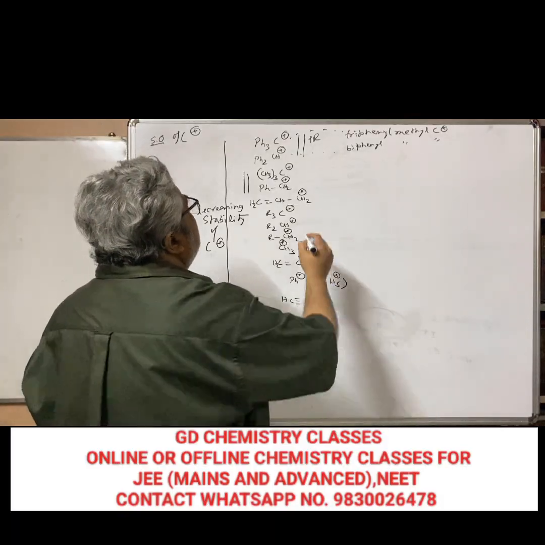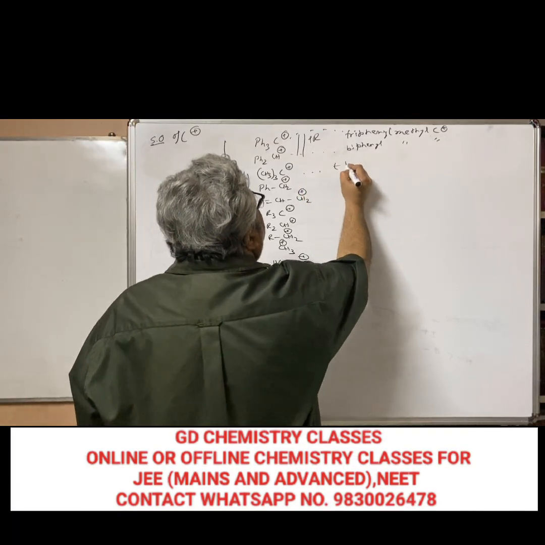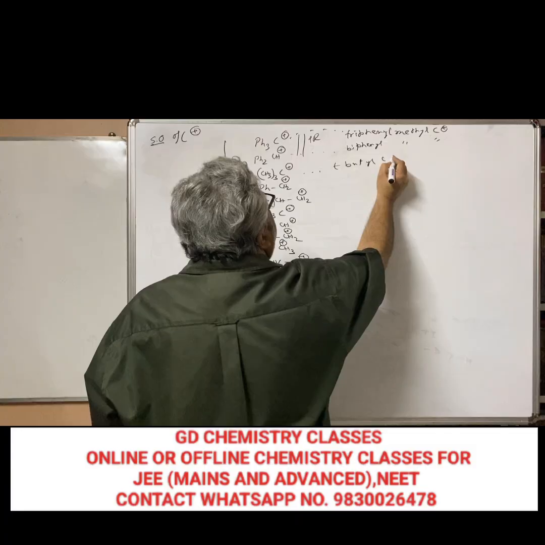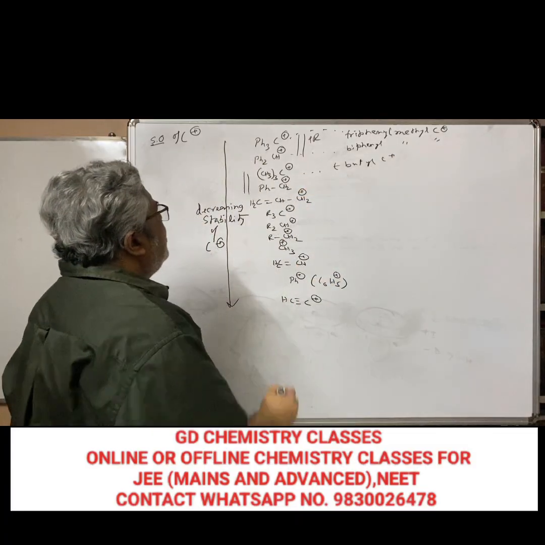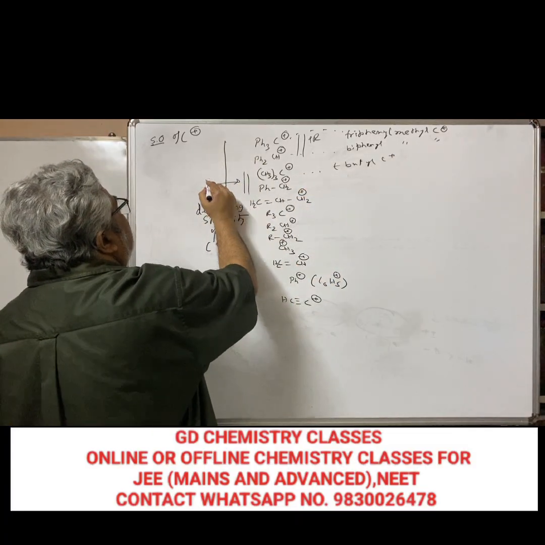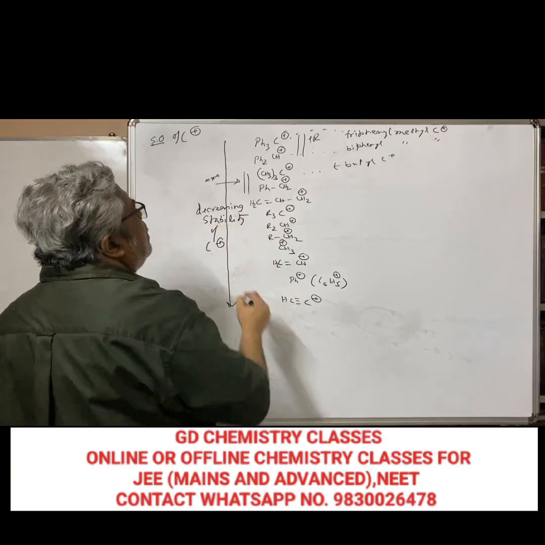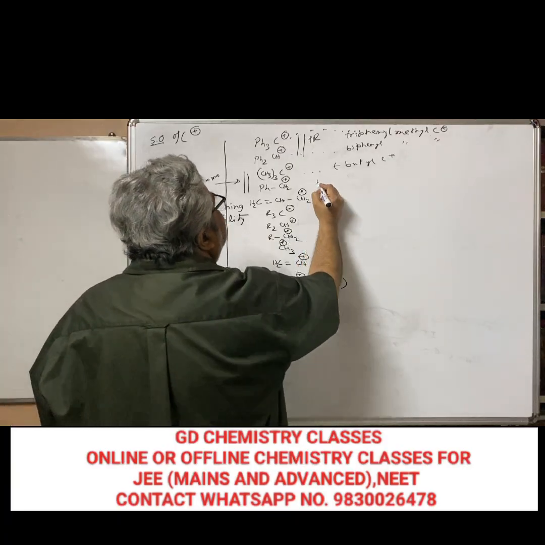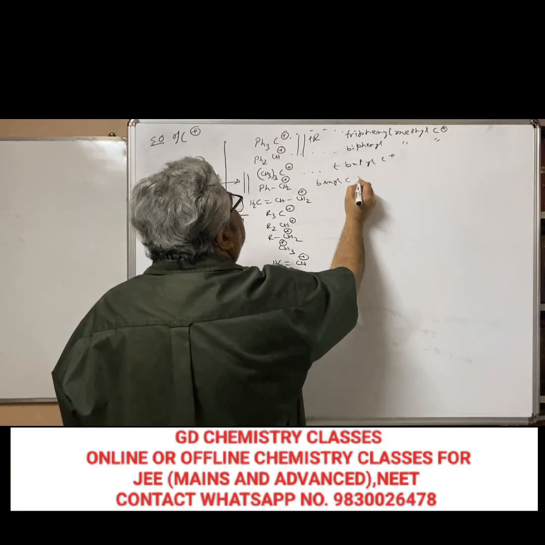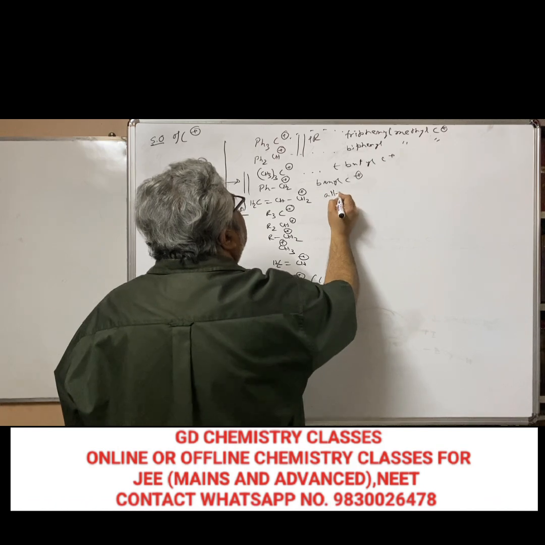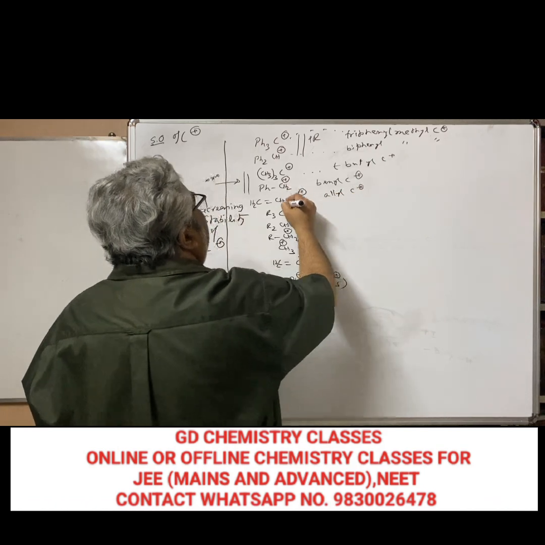Then comes, this is the data-based exception I'm talking about, the tertiary butyl carbocation, which is more stable than benzyl carbocation. You have to be very careful about this portion. Then the benzyl, then comes allyl. Again, resonance.